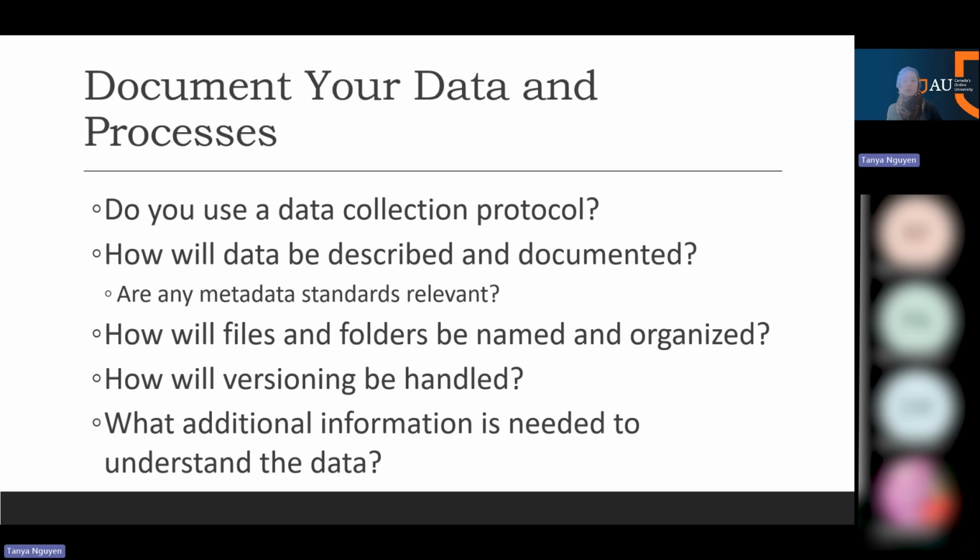A key piece to consider is data security needs, which may be based on the ethics requirements for human participants and other obligations, such as intellectual property rights and other research agreements.